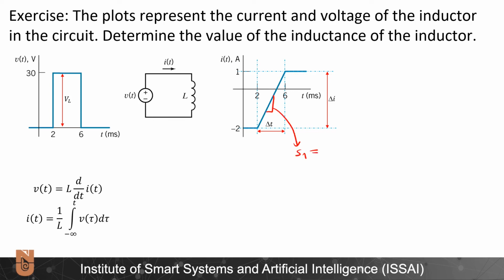S1 will be equal to delta I divided by delta t, which is 3 amperes divided by 4 milliseconds. And this is equal to 0.75 times 10 to the power of 3 amperes per second, which is equal to 750 amperes per second.